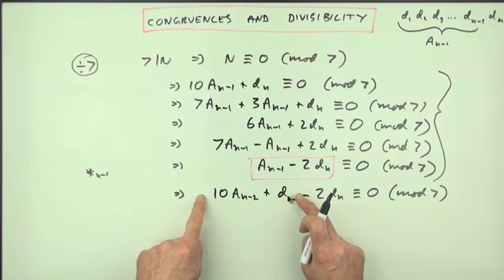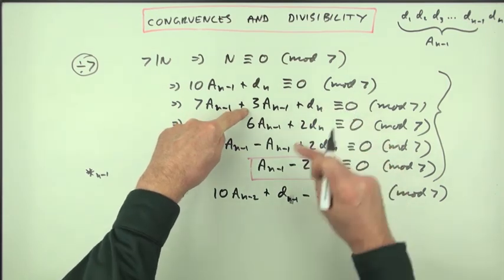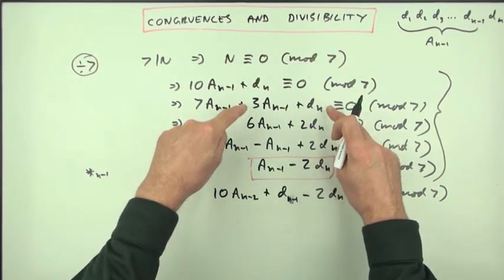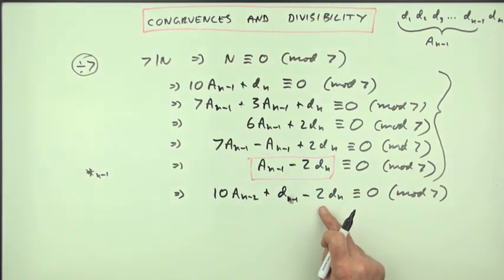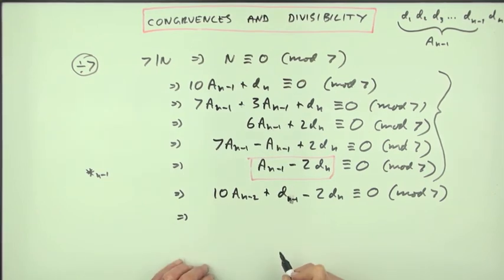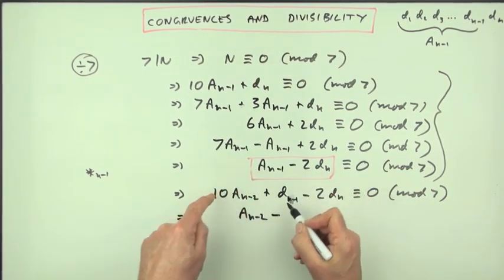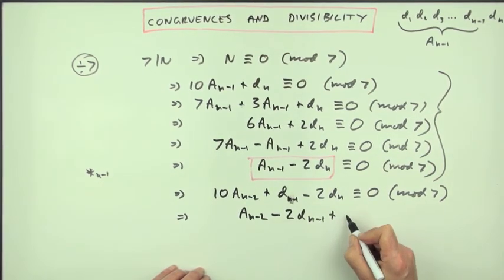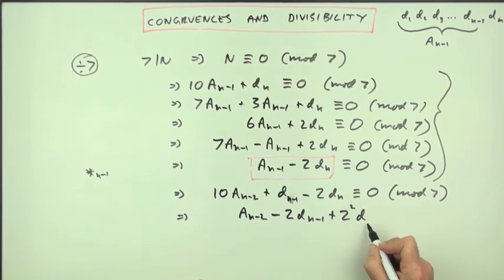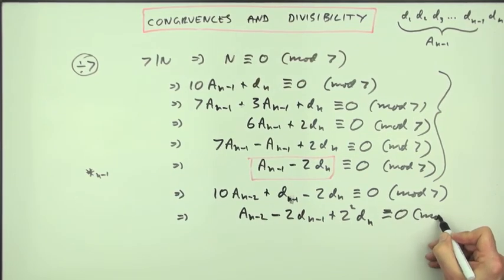So when this comes down to this part, 3an minus 2 plus dn minus 1, I then want to double it, but as soon as I double that, I've got to double the whole side. That'll then become 4. So the next line following the pattern would be a to the n minus 2, and of course the signs are flipping as well. It'll be minus 2d of n minus 1, but then plus 2 squared dn is congruent to 0 mod 7.